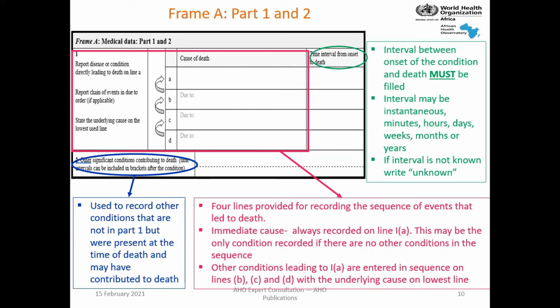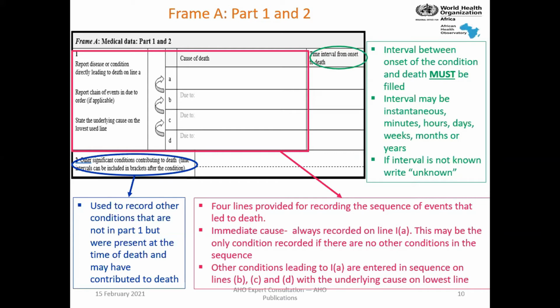Importantly, the time interval must always be recorded. The death might be instant, it can be in minutes, it can be in hours. For the diseases and conditions leading to death, the duration must be recorded. If the interval is not known, you write unknown. Never ever leave that part of the interval blank.